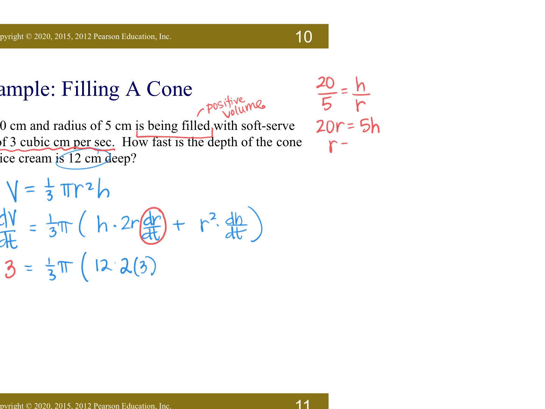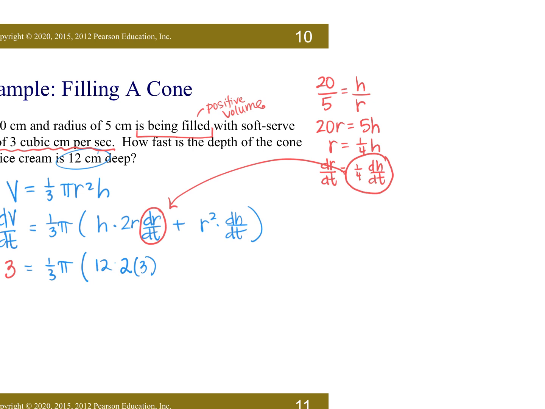And so r is 1/4 of h. So that's the ratio we were talking about. If r is 1/4 of h, you can do your derivative here and figure out what dr dt is. dr dt is 1/4 of dh dt because the 1/4 is a constant. This is what's going to get plugged in for your dr dt right here.